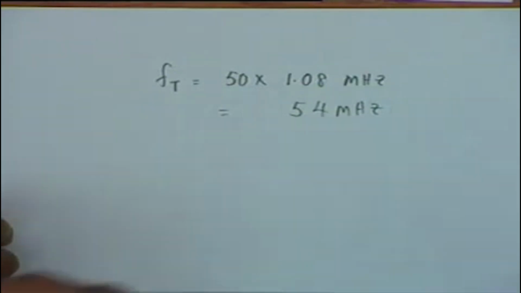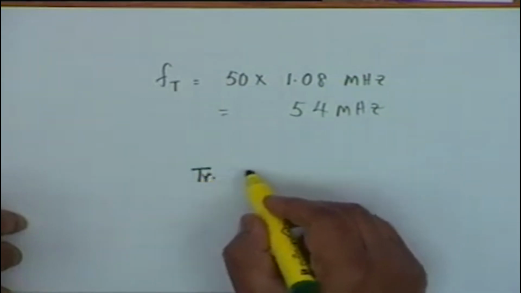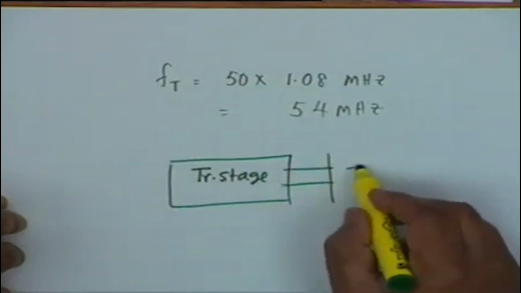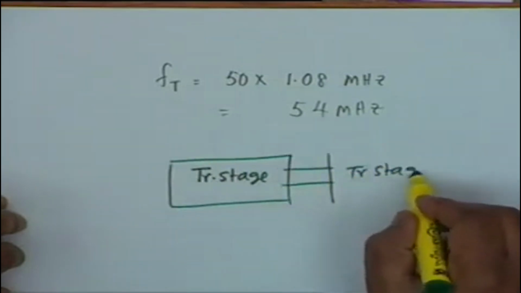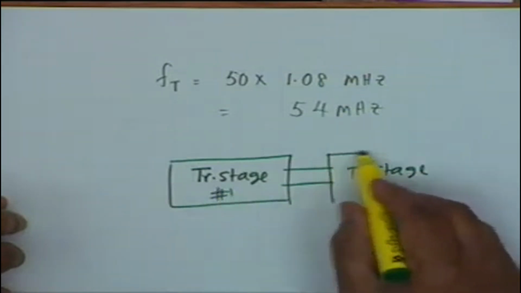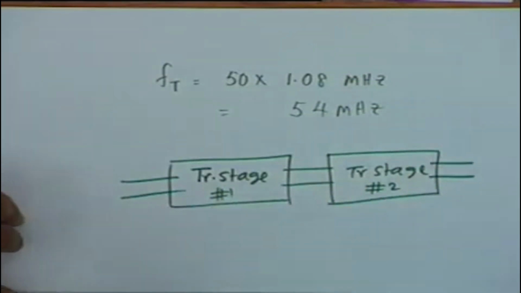We next consider what happens when one amplifier stage is cascaded to another. If the amplification provided by one stage, transistor stage 1, transistor stage 2, is not enough, then you cascade 2 stages.